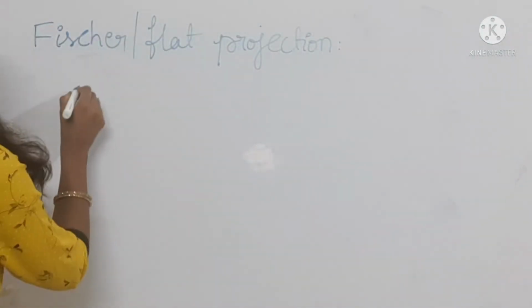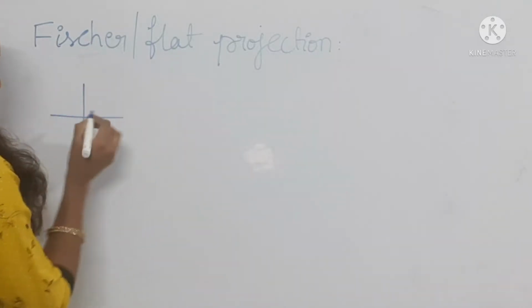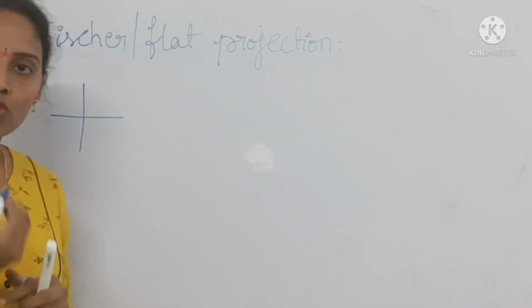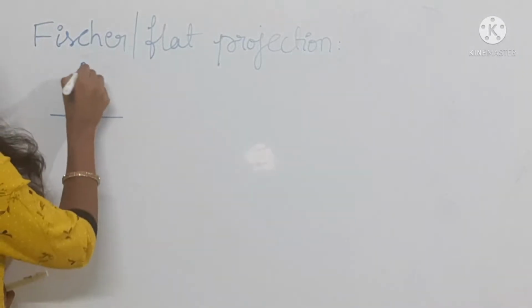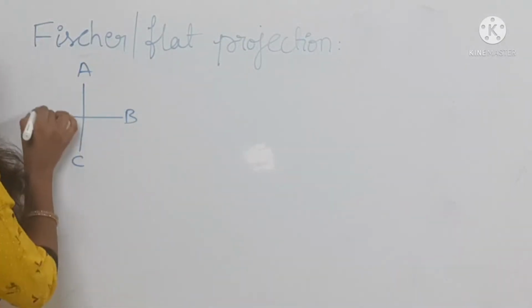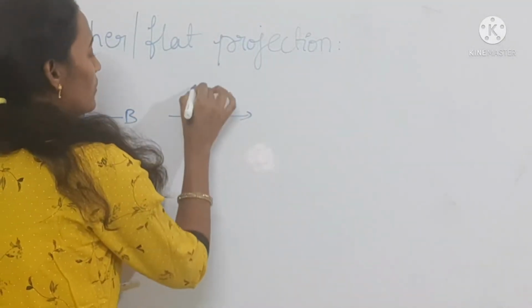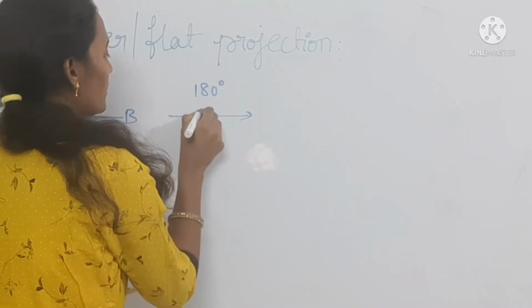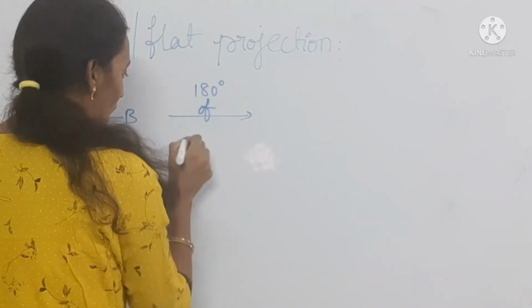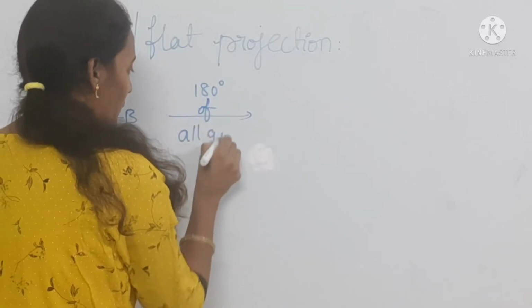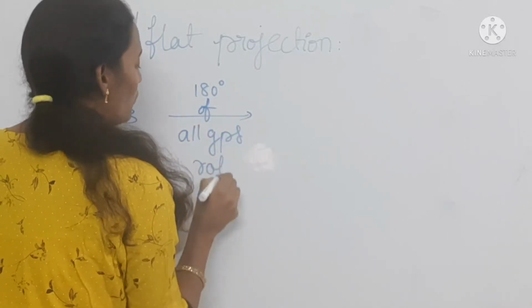If I rotate all groups present on that, suppose A, B, C, D, by 180 degrees, what will I get?